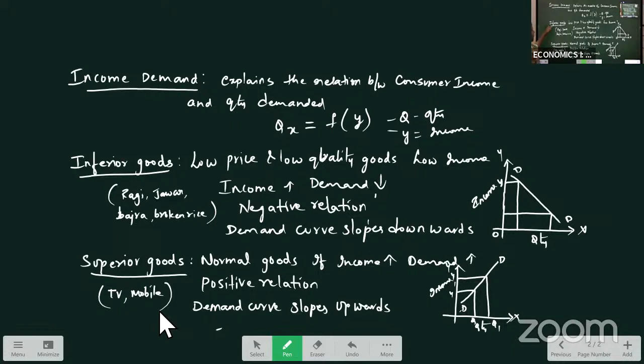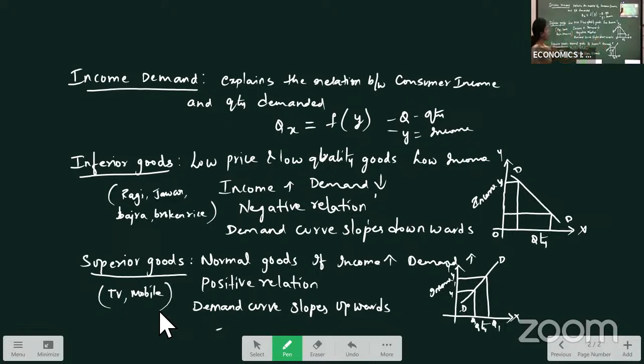Now, there are two types of goods, inferior goods and superior goods. What are inferior goods? Goods which are low priced or preferred mostly by people when their income levels are low. In this case, when income increases, demand decreases. So there is a negative relation between consumers' income and demand for inferior goods. When there is a negative relation, demand curve slopes downwards.